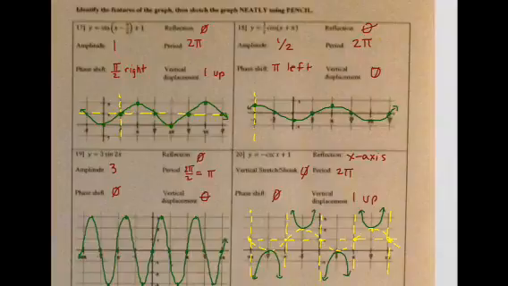So notice in yellow I drew the 1 unit up horizontal asymptote, and then pi over 2 to the right. So right here there's a yellow line. So this is like my initial origin right here. Now it's a sine, so it has zeros at beginning, middle, middle, and end.